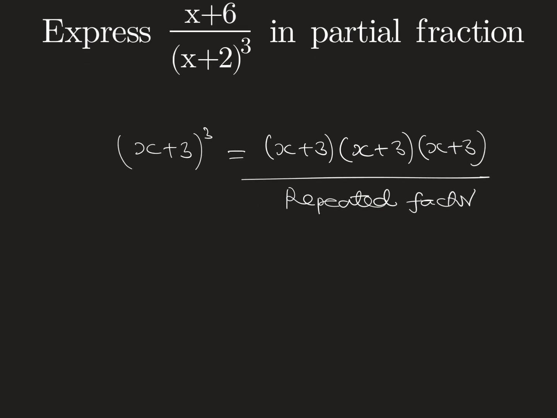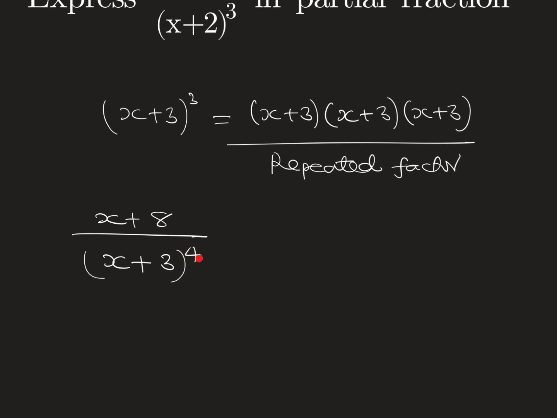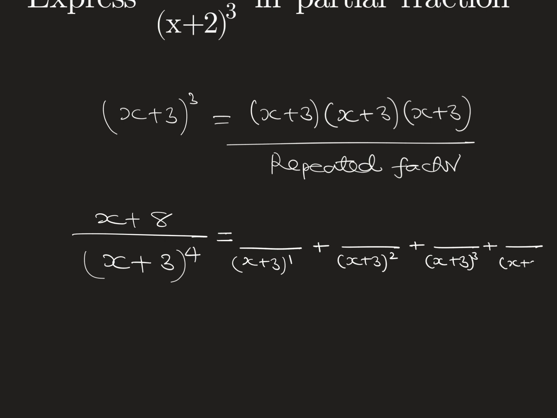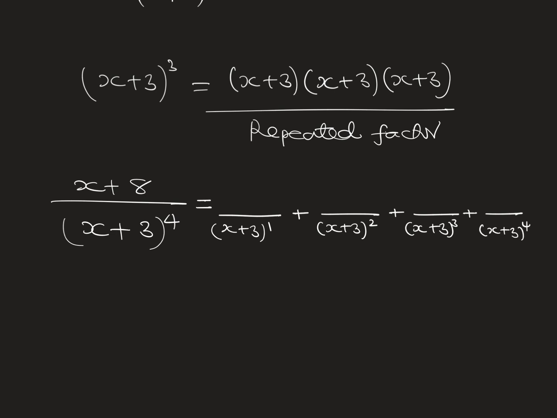So, for example, if I have (x + 8)/(x + 3)^4, then since it is power 4, I have to build up the power starting from 1. How do we do that? We're going to have 1/(x + 3)^1 plus 1/(x + 3)^2 plus 1/(x + 3)^3 plus 1/(x + 3)^4.